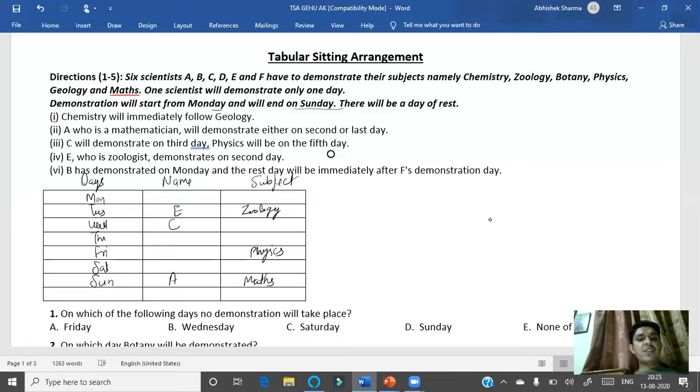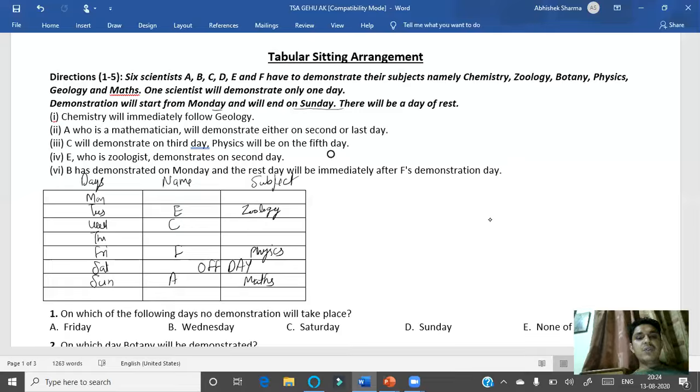But if we check for the option of Thursday, Thursday cannot be rest day, because he's saying that rest day will be immediately after F demonstration, and Thursday is just after C's demonstration, so Thursday cannot be an off day. If we check for Saturday, Saturday can be an off day, and it will be immediately after F, so this will be the off day, right?